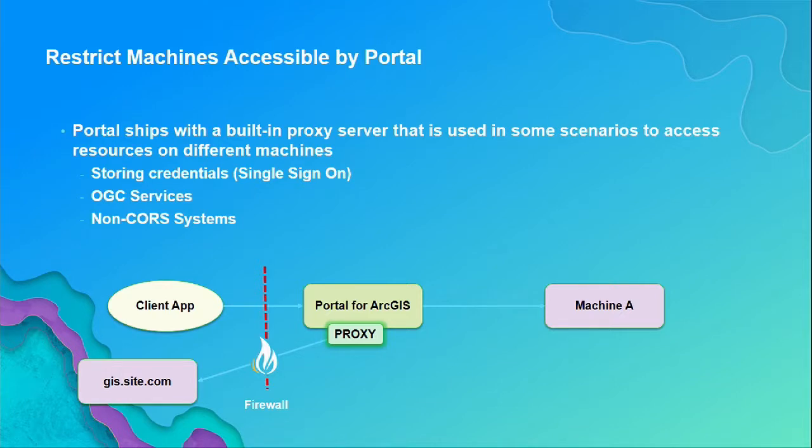By default, we leave these wide open for the same reason why we leave those CORS settings wide open. And that's because Esri cannot, out of the box, proactively know which resources you want accessing your server, right? I mean, if your intention is to have a GIS server or a portal where you're serving up content publicly, then you might not necessarily want to restrict some of these settings.